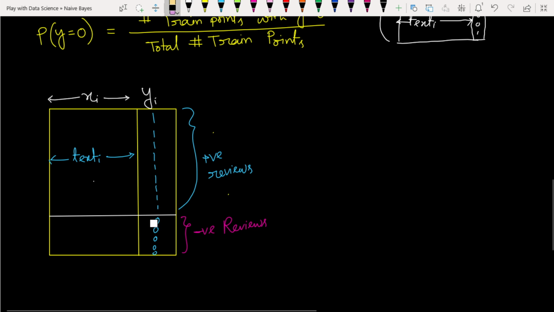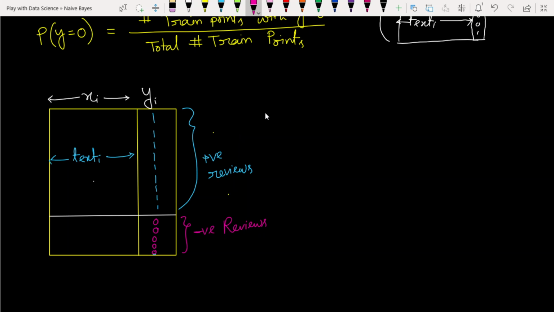I think it will be better if we use the same color. This division trick makes our calculation so easy. So let's see how we will calculate this thing.